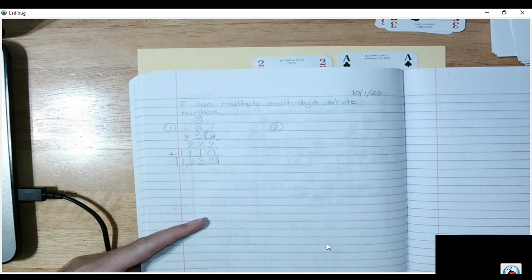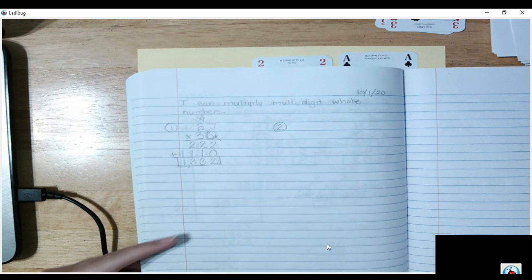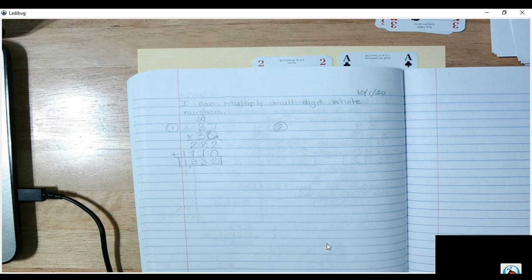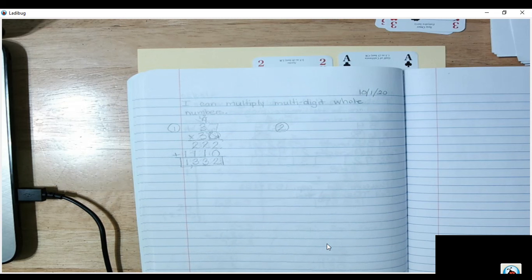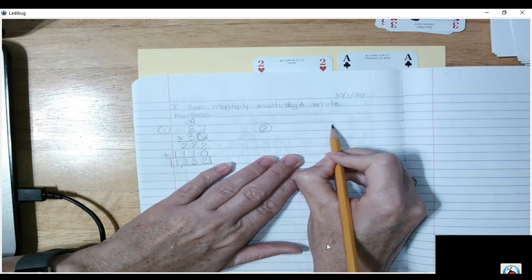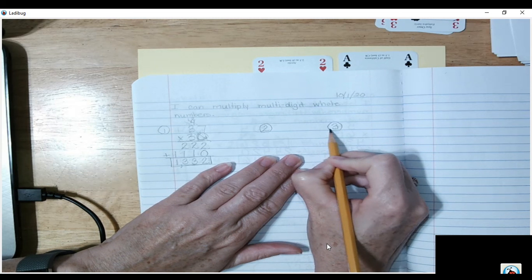Hopefully you get the gist of what we're doing today. In your journal, you need to do 3 problems that are 2-digit by 2-digit. And then you need 3 problems that are 3-digit by 2-digit. Okay? So you need 1, 2, 3.